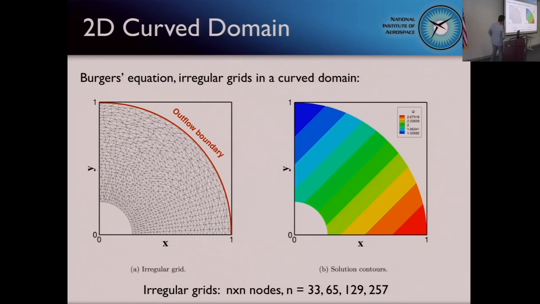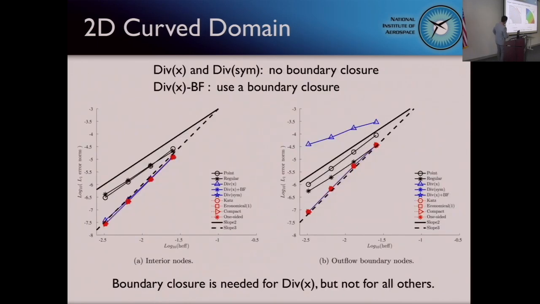And the same Burgers equation, but on a curved boundary, outflow boundary. In this case, again, on the left, we have interior nodes and right outflow boundary nodes. As expected, we, again, achieve third-order accuracy with the compatible formula. But with point quadrature, we don't achieve third-order. But on the boundary, this is an interesting case. This is divergence form without boundary closure.